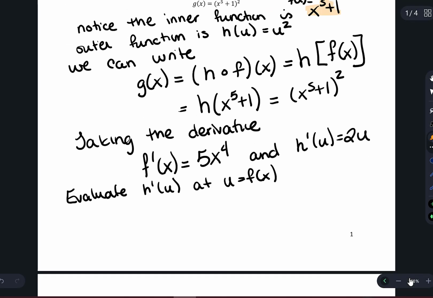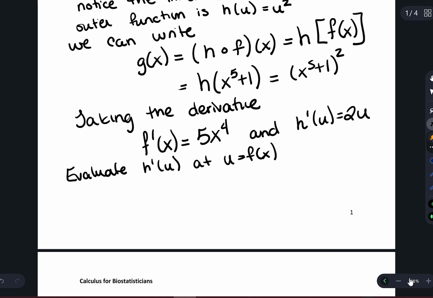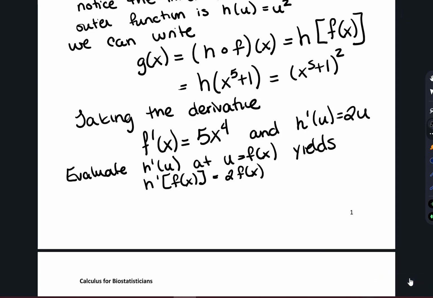That's why down here I don't have the exact same letters as what is in the rule, because it's just going to depend on how we define our functions. This yields h prime evaluated at f of x is equal to 2 times f of x, because h prime of u is equal to 2u. So h prime evaluated at f of x is 2 times f of x, which is 2 times x to the fifth plus 1.